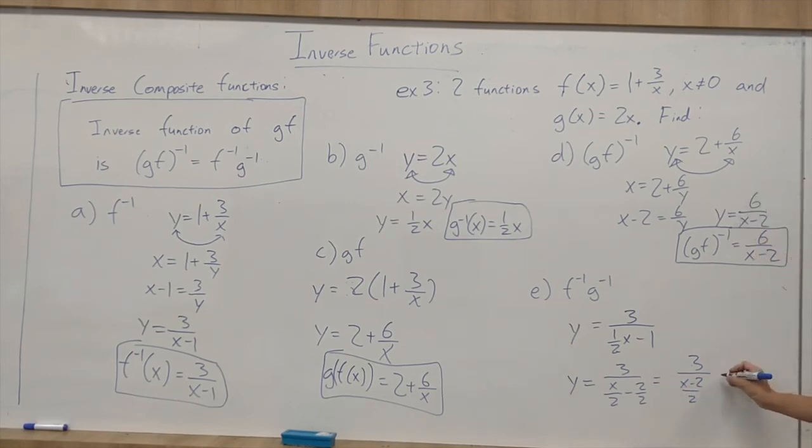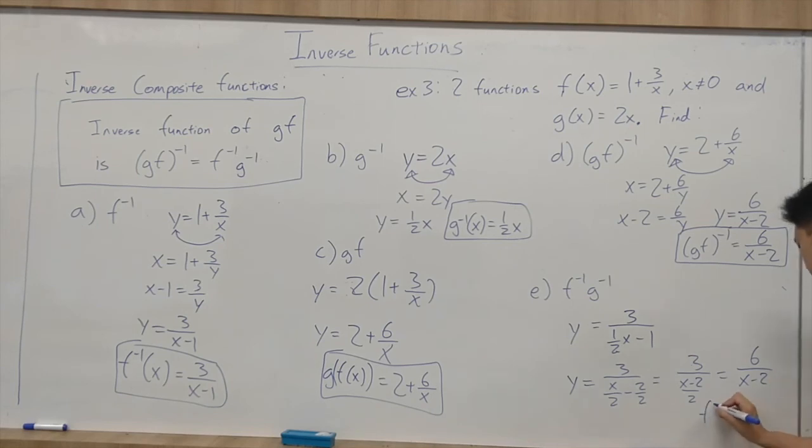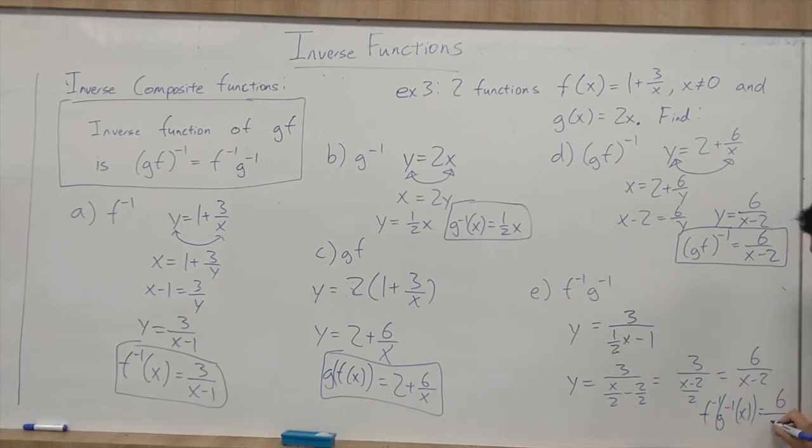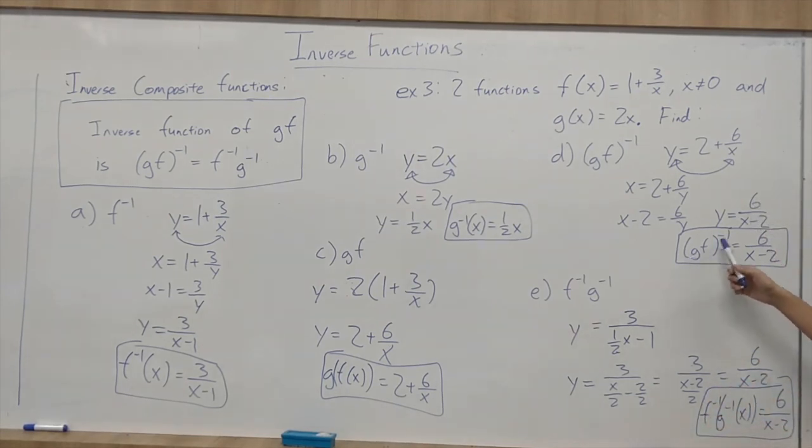Let's flip and multiply, which equals 6 over x minus 2. So again, f inverse of g inverse of x, I suppose I should put brackets around this, is going to equal 6 over x minus 2, which is exactly the same as what we found in the composite function and then finding the inverse.